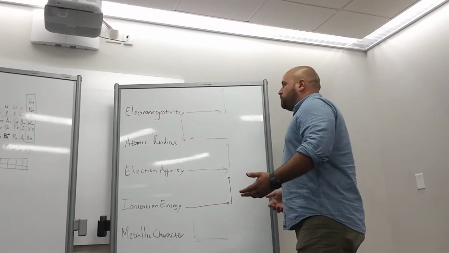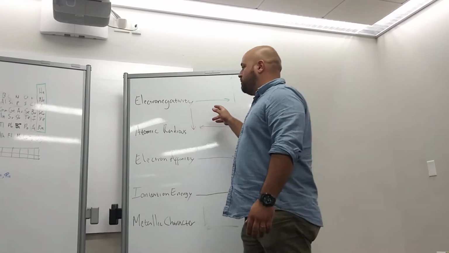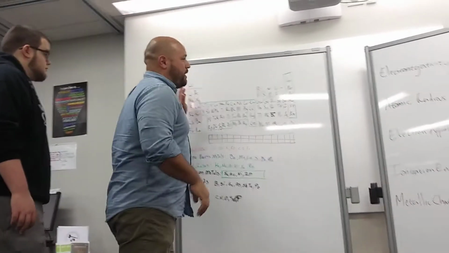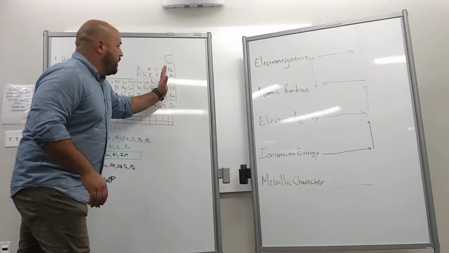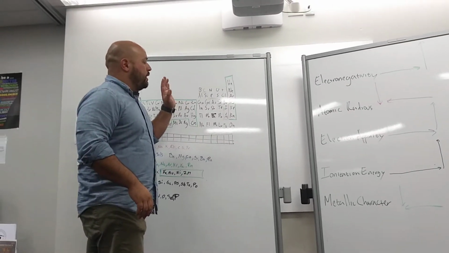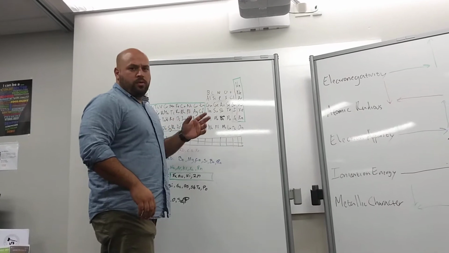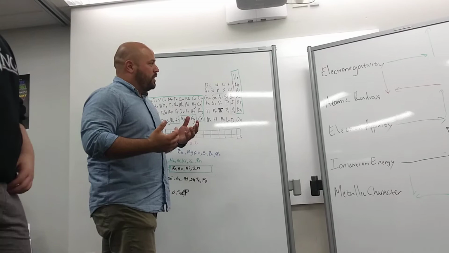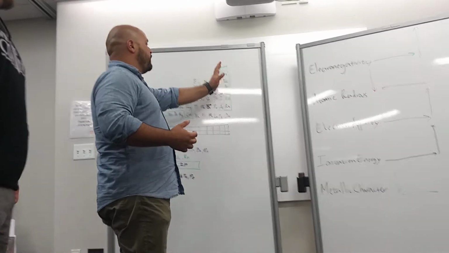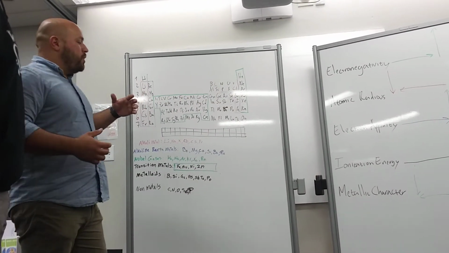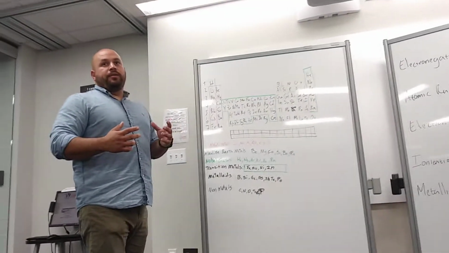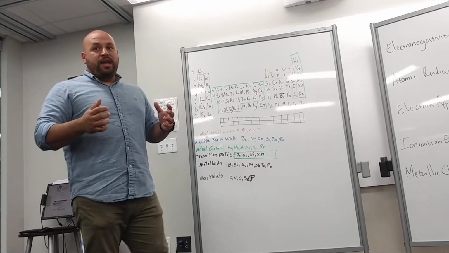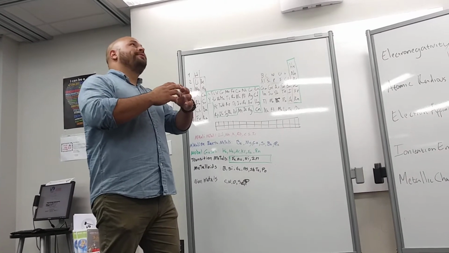Electronegativity: when you go from this side of the table in that direction, the electronegativity increases. The atomic radius speaks of the size of the element, and the energy required to make it share or split.